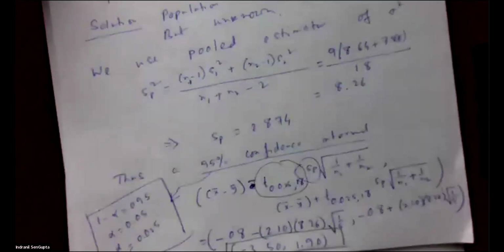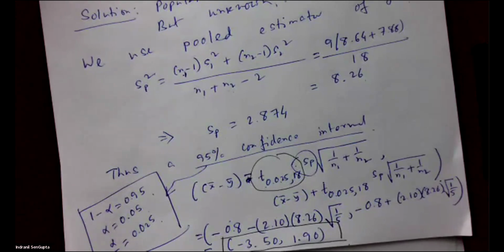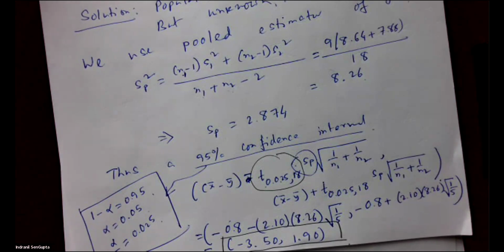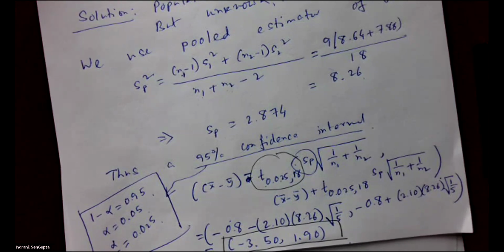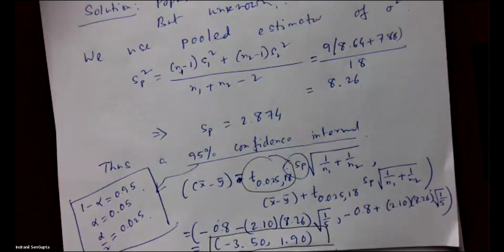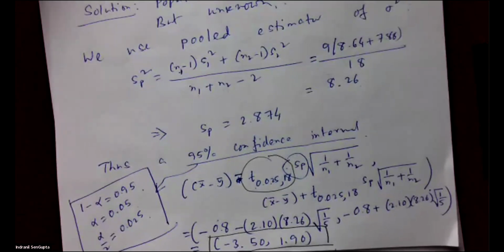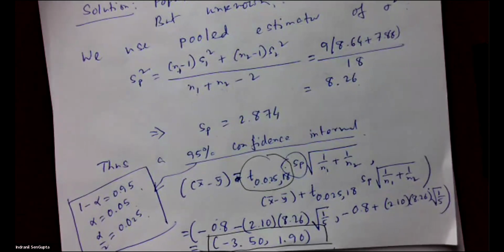What we have done just now is called the confidence interval for the difference of means. Now, what about we do something called the confidence interval for the difference of proportions. I'll explain what it means, but let's do it.